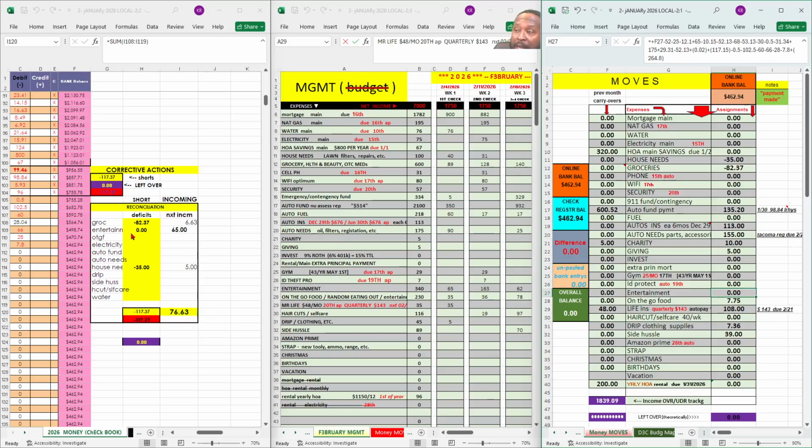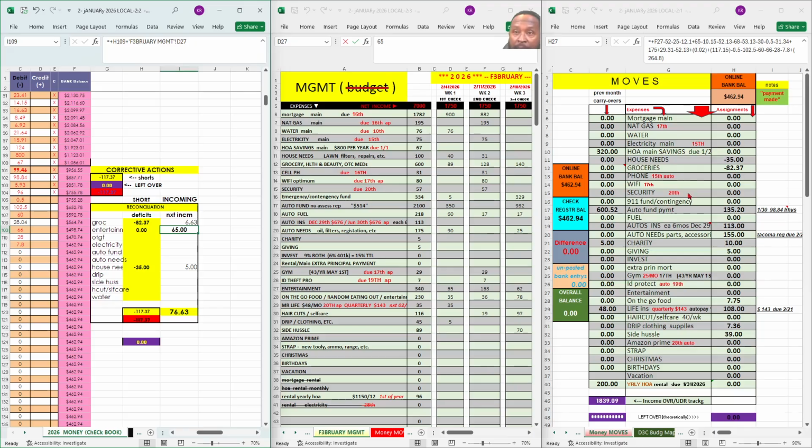So when I look over here in entertainment on my corrective actions, it shows that you're going to have $65 left over in your entertainment balance, because that's what you're getting from your management plan spreadsheet. That's what you're purposely getting the next time you get paid. You're getting $65 indicated right here. So that's something I can choose to do. I'm going to choose that route.